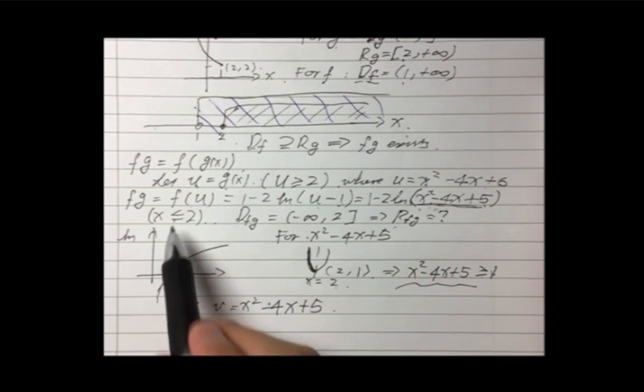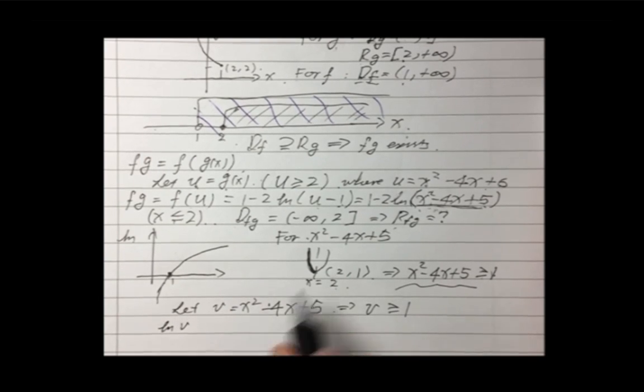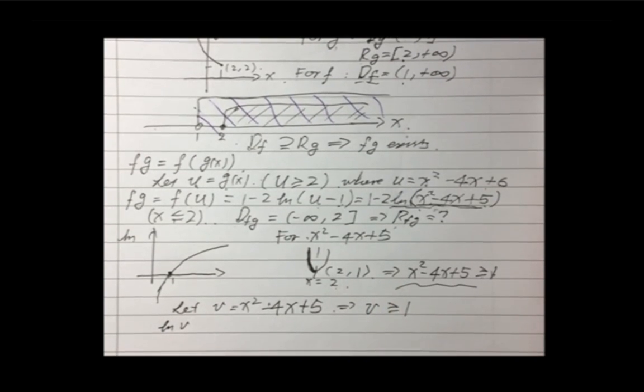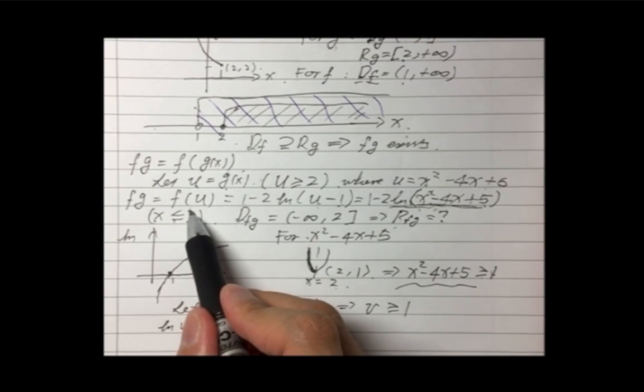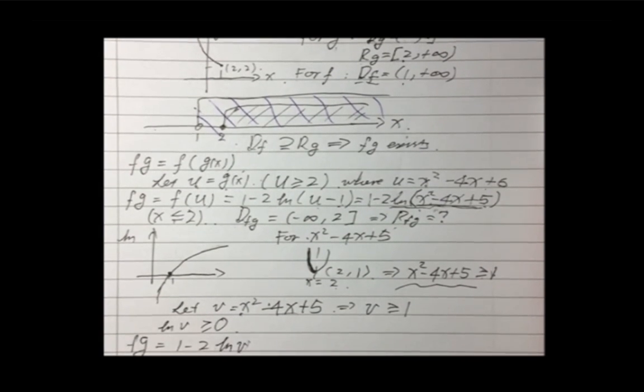So as long as x is less than or equal to 2, we get v must be greater than or equal to 1, right? So in this case, ln v will be greater than or equal to 0, right? And since f(g) equals 1 minus 2 ln v, right? And this one must be greater than or equal to 0.